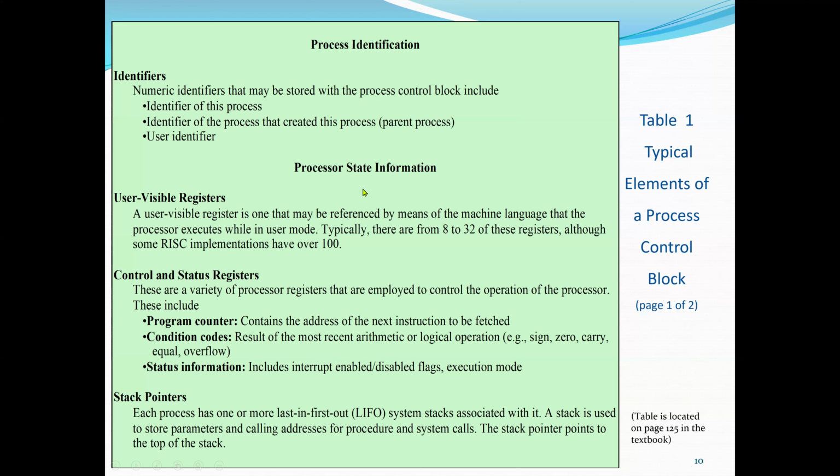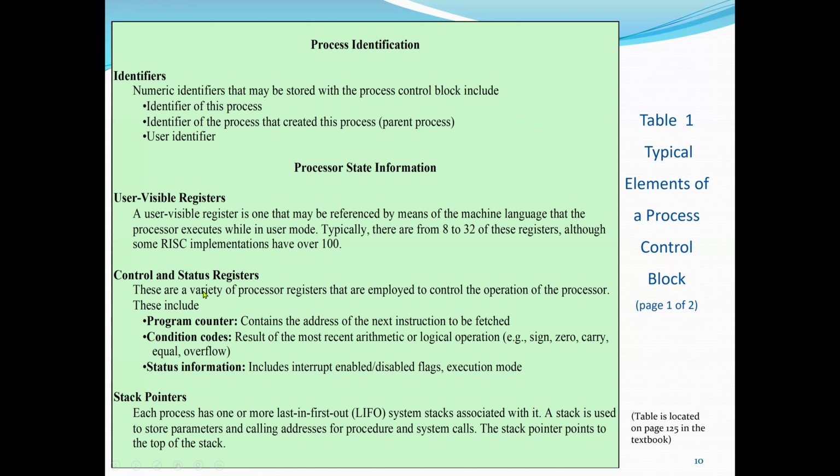Process state information includes the user visible registers. These are registers that may be referenced by means of the machine language that the processor executes while in user mode. Typically, there are from 8 to 32 of these registers, although some RISC implementations have over 100.